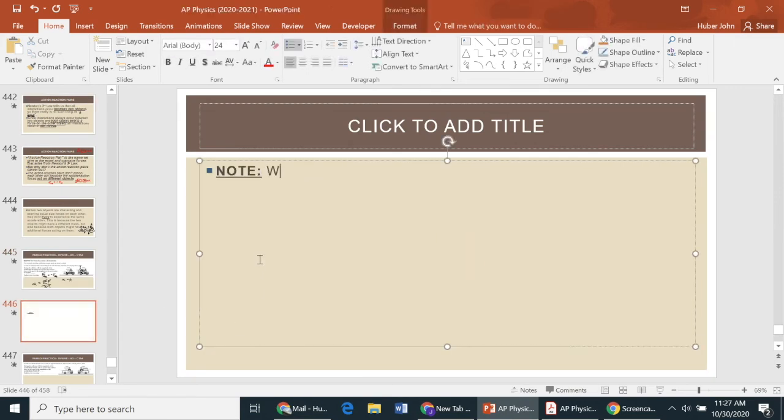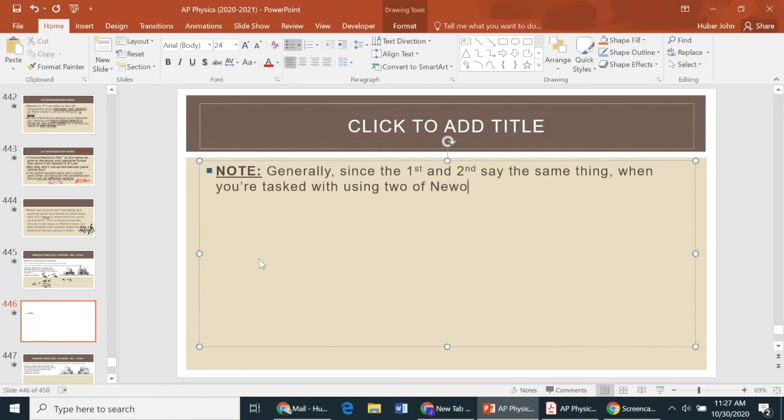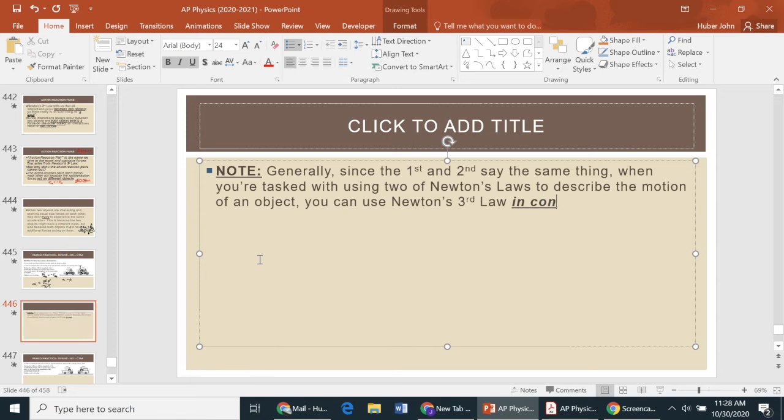And so we'll say, generally, and this isn't always true, but generally, since the first and second law say the same thing, when you're tasked with using two of Newton's laws to describe the motion of an object, you can use Newton's third law in conjunction with either Newton's first or second law.